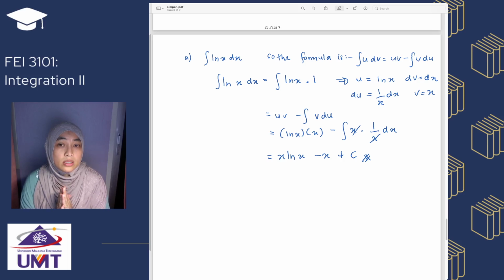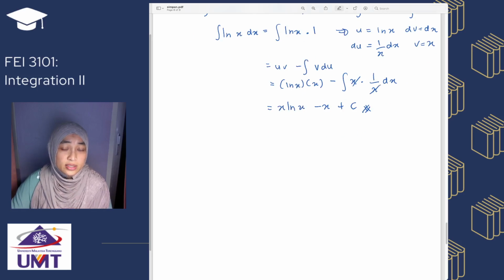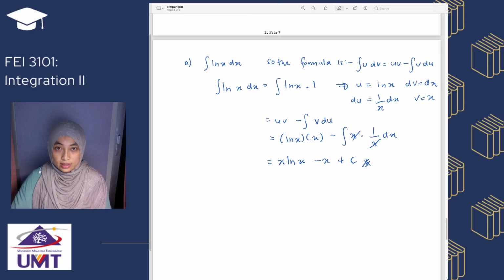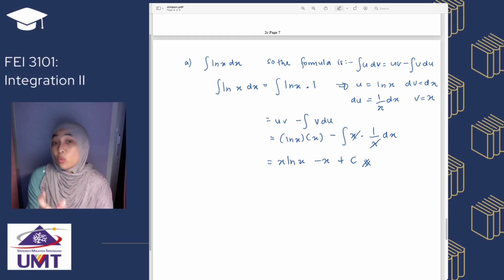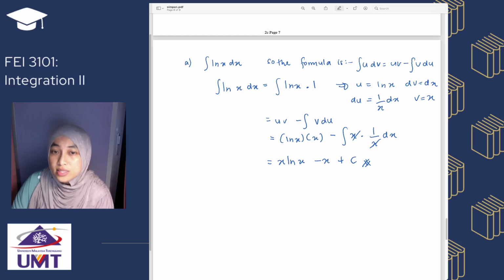So now, the first question is, ln x dx. The formula is integral of u dv equals uv minus integral of v du. To complete this, you need to multiply ln x by 1, which is actually ln x. As you can see here, u equals ln x, dv equals dx, so du equals 1 over x dx, v equals x.